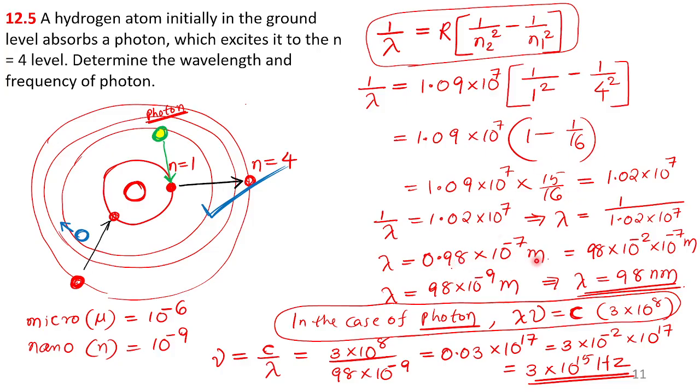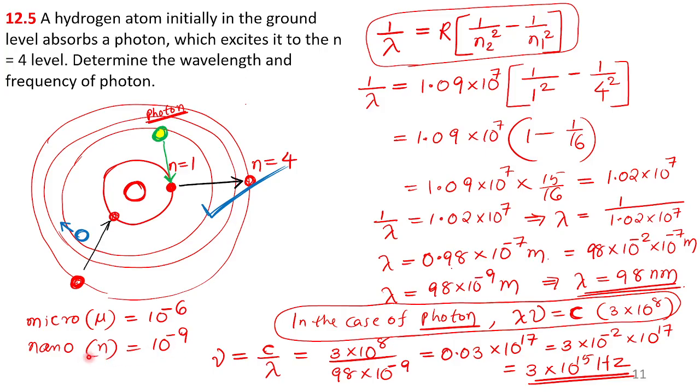0.98 into 10 raised to minus 7 meter. 0.98 is 98 into 10 raised to minus 2. That step is clear. So lambda equals 98 into 10 raised to minus 2 into 10 raised to minus 7, which is 10 raised to minus 9, correct? 10 raised to minus 9 represents nano.